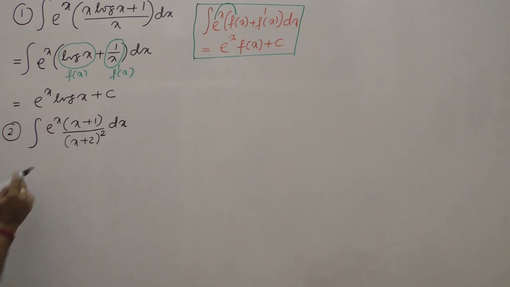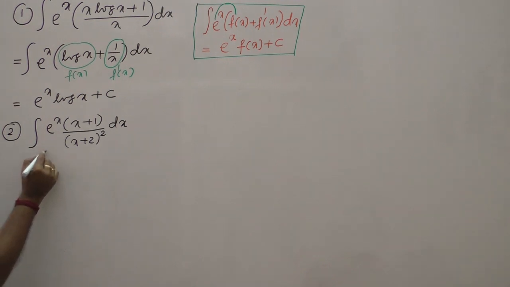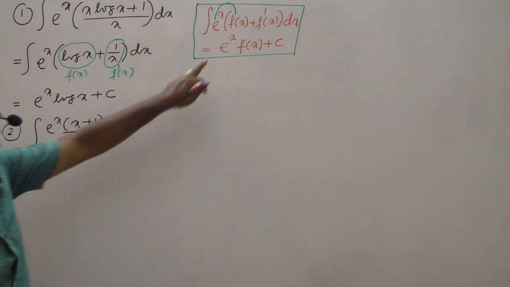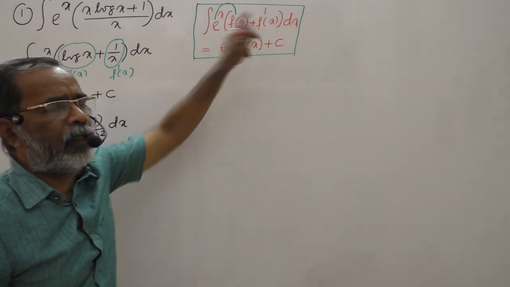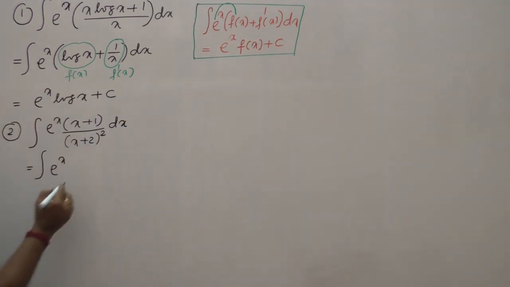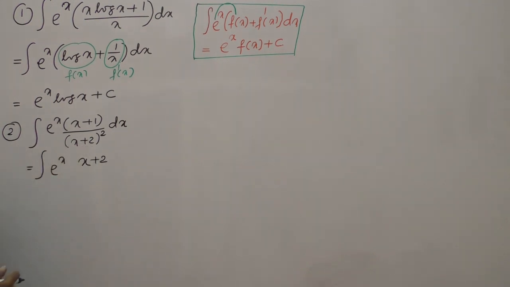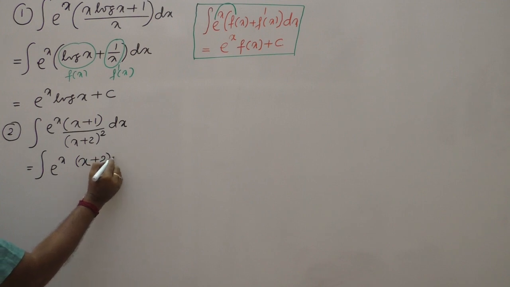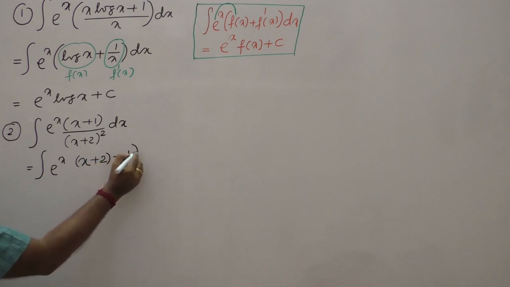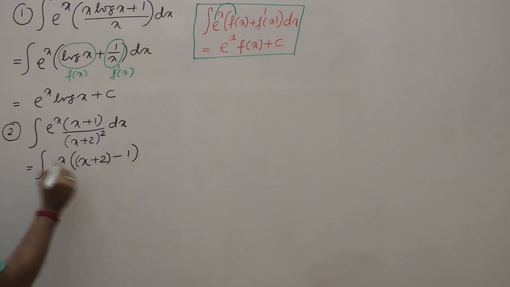To apply that, we need integral e power x into f of x plus f dash x. Here I made this simplification. What is there in the numerator? X plus 1, no? In the denominator x plus 2 is there. Therefore I will write the numerator as x plus 2 minus 1.